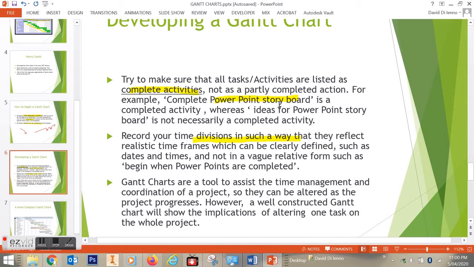For example, complete a PowerPoint storyboard is a much better idea to write down than get ideas for a PowerPoint storyboard. I mean, that doesn't tell me how many ideas, and when I'm finishing, it doesn't give me a clearly defined start and finish point. Try and list your tasks so that you can measure their beginning and the ending.